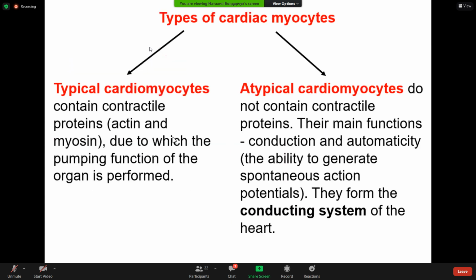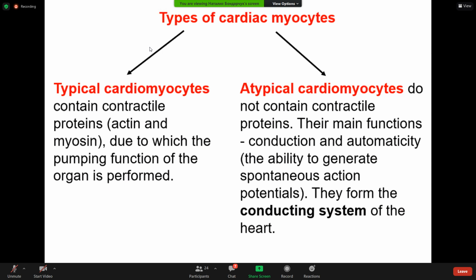So, types of cardiac myocytes. In the body, we have typical cardiomyocytes. These cells contain contractile proteins such as actin and myosin, due to which the pumping function of the organ is performed. And also, there are atypical cardiomyocytes.